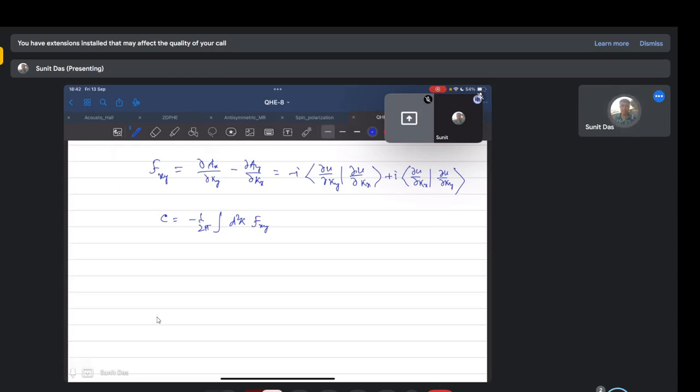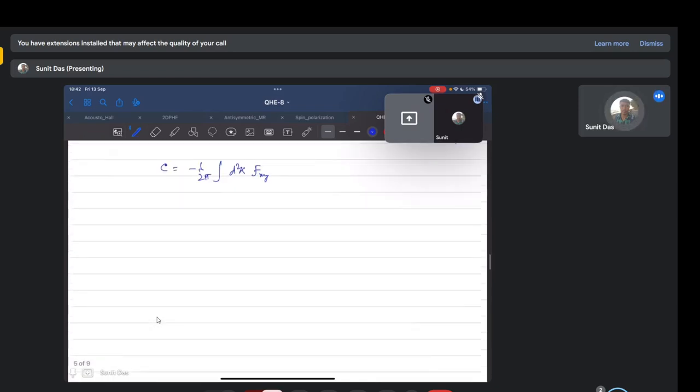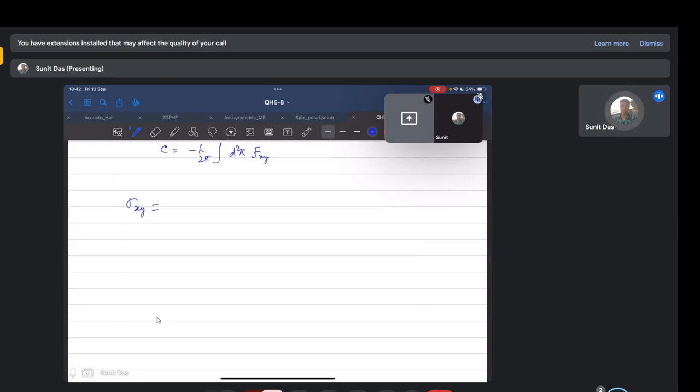So from the Kubo formula we found that σ_xy, the Hall conductivity, can be written as iħ, and then sorry, the sum over n not equal to m, where j_y is the current operator along the y direction, and n and m here are multi-particle or many particle wave functions, j_x, minus m.